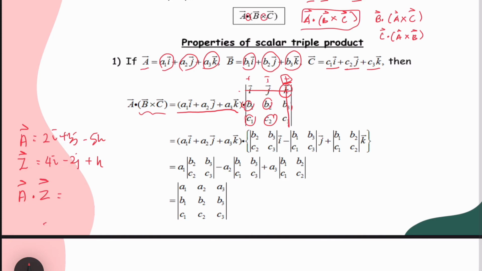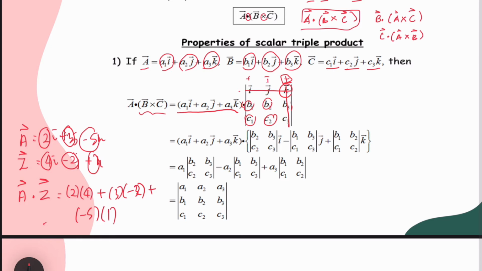You will take the coefficient of I multiplied with the coefficient of I for Z. Then you will plus the coefficient of J here, multiplied with the coefficient of J for Z here. And you plus the coefficient of K, multiplied with the coefficient of K for the second vector here. So this one is how we do a dot product.